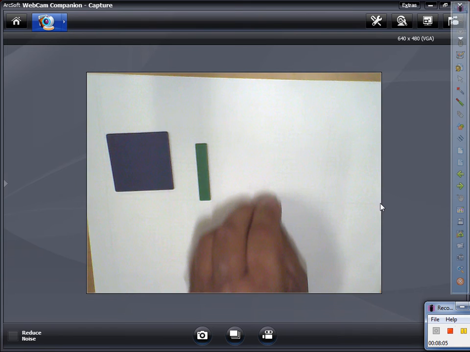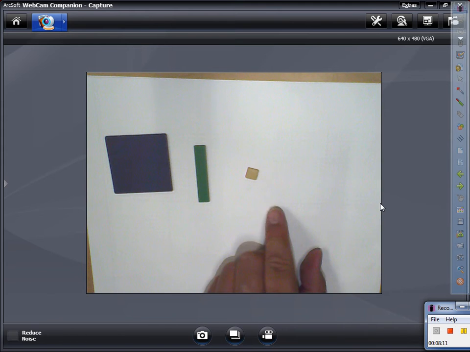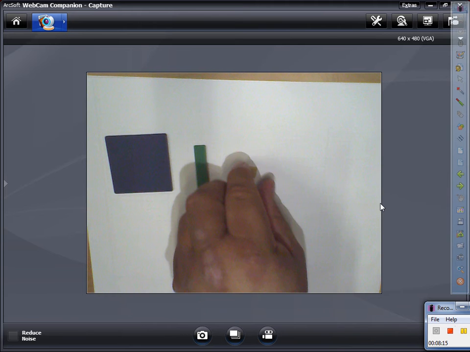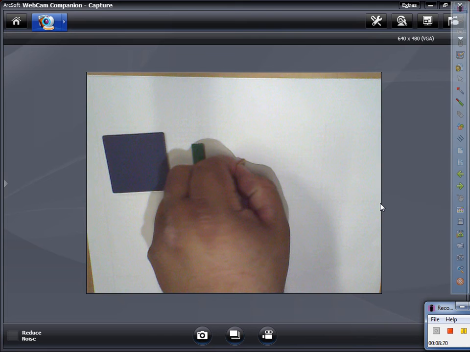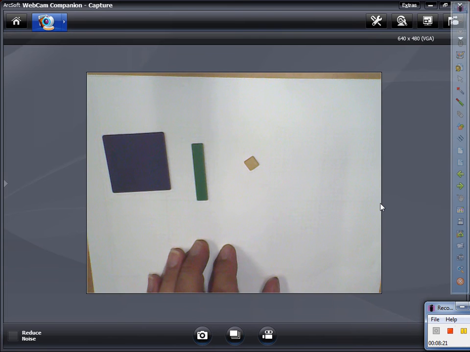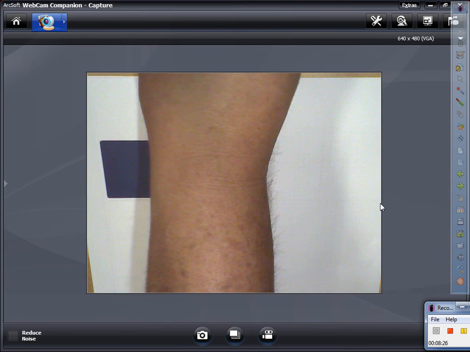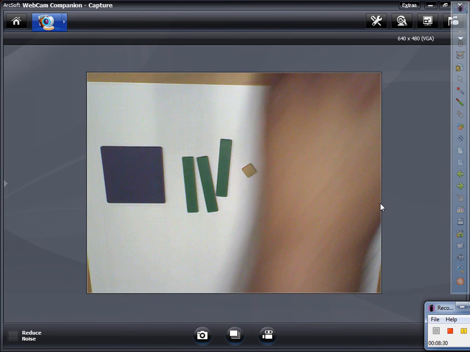Next, if I get a yellow one, what do we label that? 1. Yeah, because it's 1. But if we turn it over, it's negative 1.